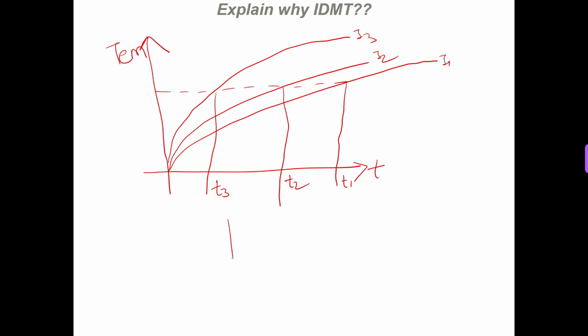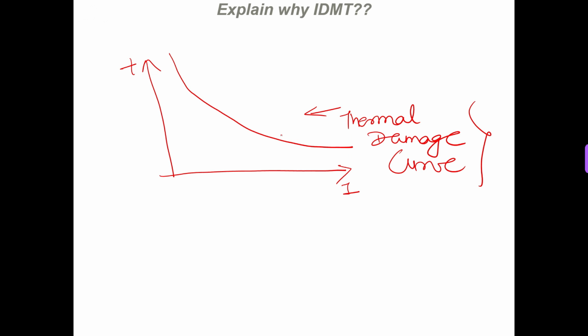So for this equipment, whatever it is, if this is my current and this is my time, we see that when the current magnitude increases, the equipment will reach its thermal damage limit after this time.